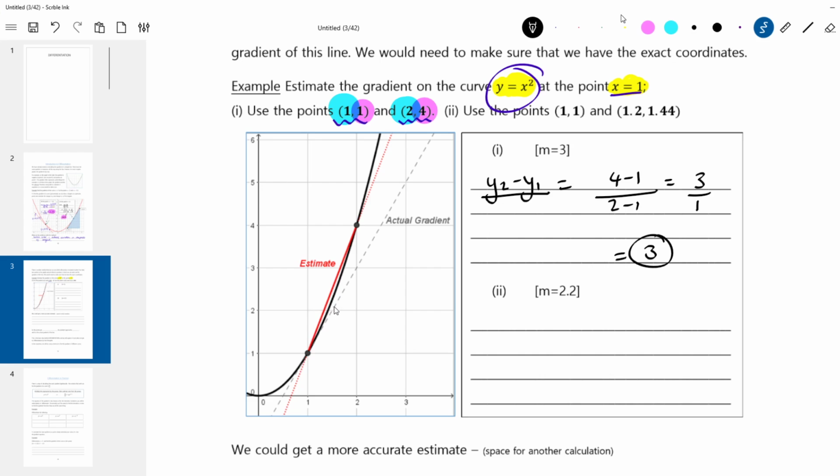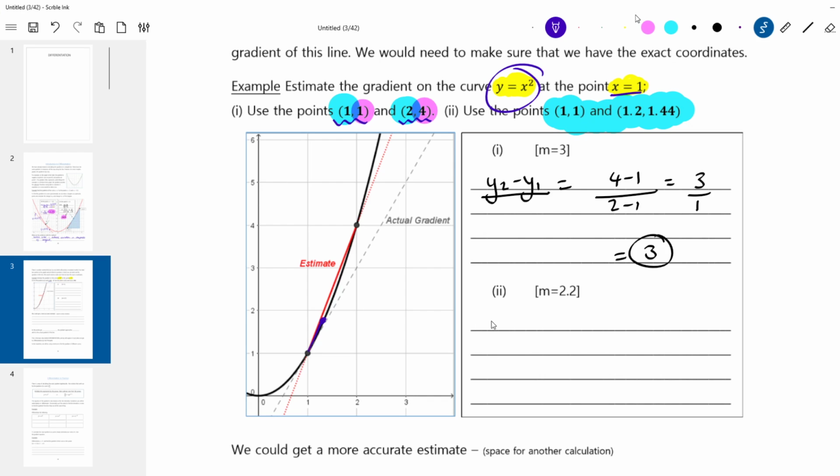Now, if we take points that are a little bit closer together, so the point would be roughly here, I guess. And it's a little bit hard to see, but this should produce a slightly better answer if we bring those points a little bit closer together.